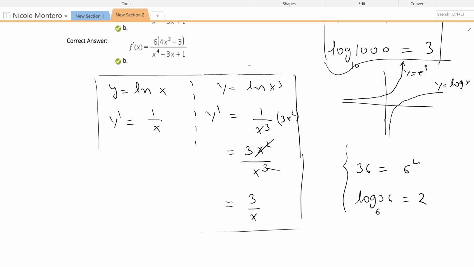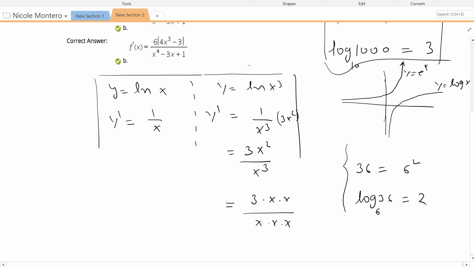Do you want me to elaborate this step? Yeah, maybe if you don't mind. Sure, I'll do that. So we have x squared. That means x multiplied by x. And at the bottom we have x cubed. That means we multiply x with itself three times.